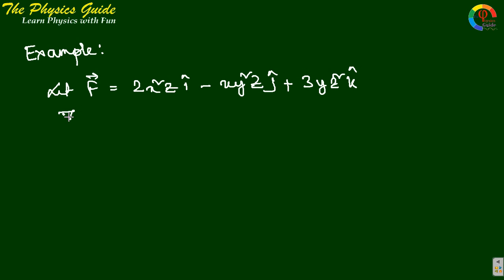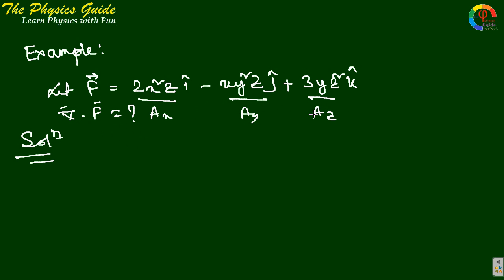We have to find the divergence of f, that is del dot f. So how to get it? We can compare: this is ax, this is ay, this is az.